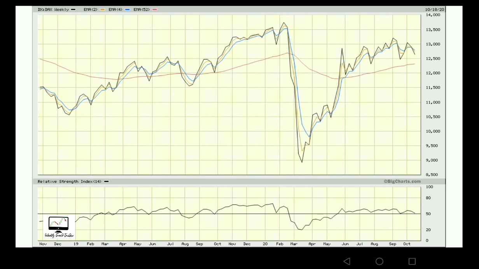Then the market recovers in March, falls to the oversold level of 20 on the RSI and a round number of 9,000. Whenever the market gets to major round numbers, we get a lot of turning points. So the market sells down to 9,000. It bounces at that level.